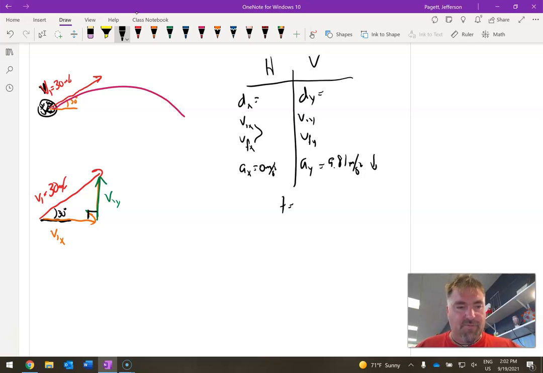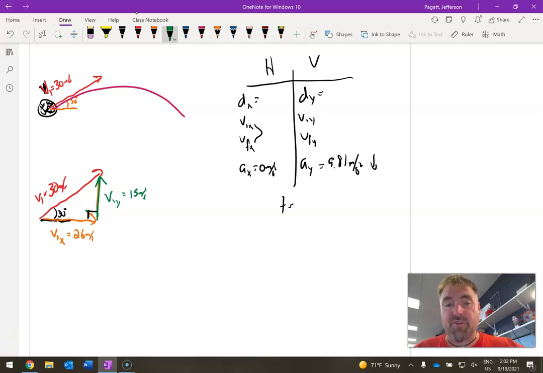So I can take the cosine of 30, multiply that by my 30 meters per second, and I get that my horizontal velocity is basically 26 meters per second. When you do it, it's 25.98. I'm going to round that to 26. It'll be fine. For the VIY, I'm going to use sine. That's going to give me 15 meters per second.